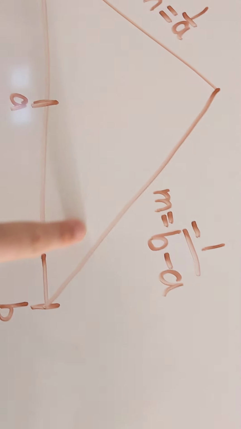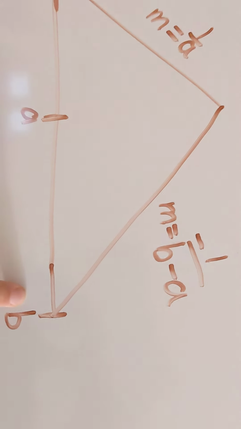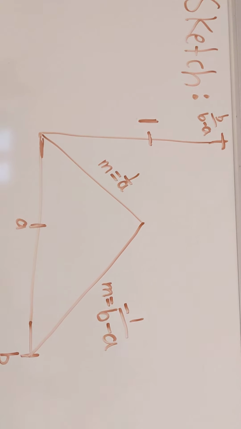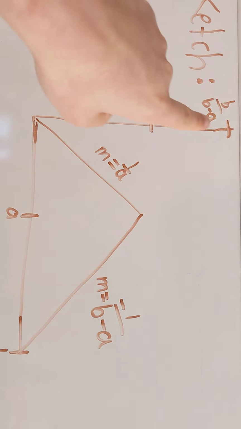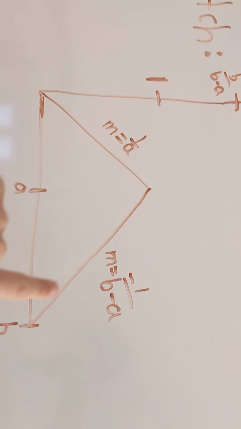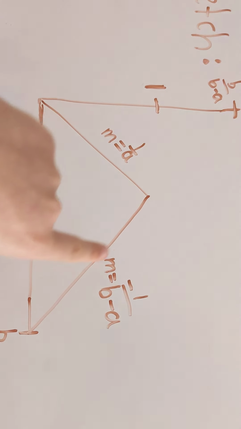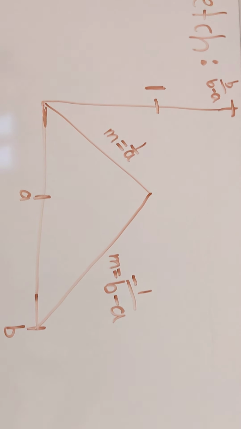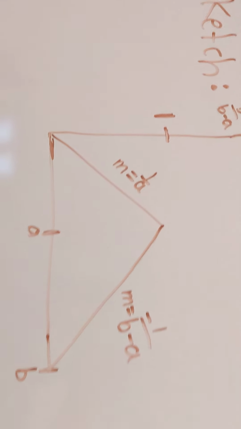So that's why it's going back down, and then at b, it's 0. So there is the sketch of the wave function, and that up there is just the y-intercept of the linear function that is the wave function between a and b. So, all right. I hope that helped.